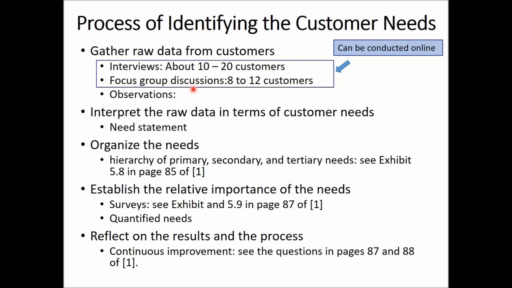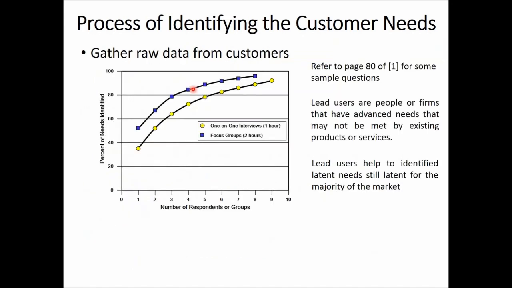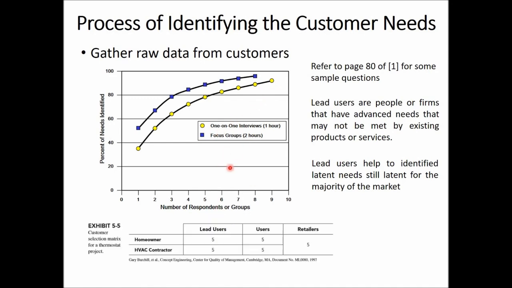So the interviews are usually done. For interviews, of course, we need about 10 to 20, 25, 30 customers. And of course, 8 to 12 customer focus group discussions we could carry out to gather data. As you can see here, nearly 100% of needs are identified using one-to-one interviews and focus group discussions.